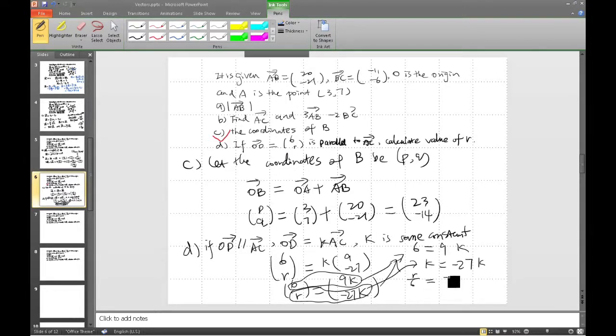Therefore, R over 6 equals minus 27 over 9, which gives K equals minus 3. And let's remove it. Not K, it's actually R. R equals minus 18.